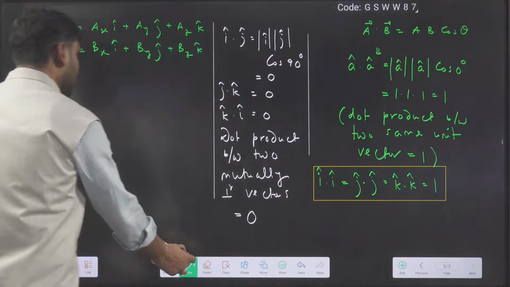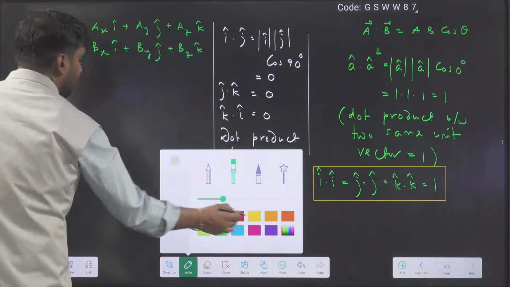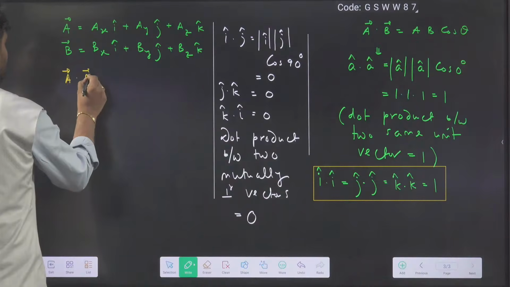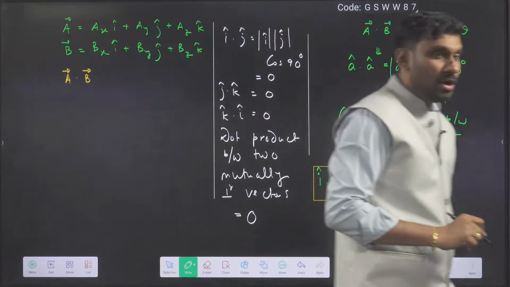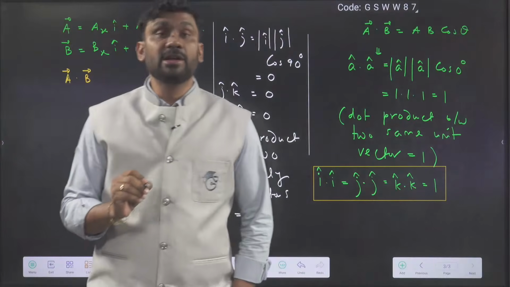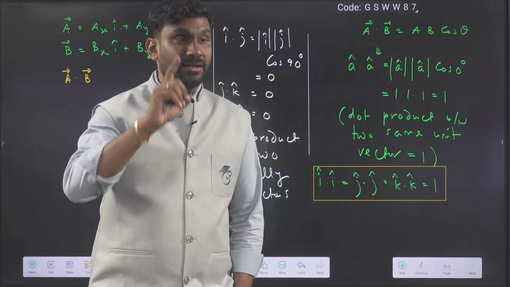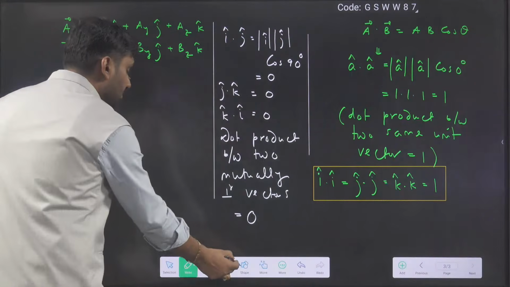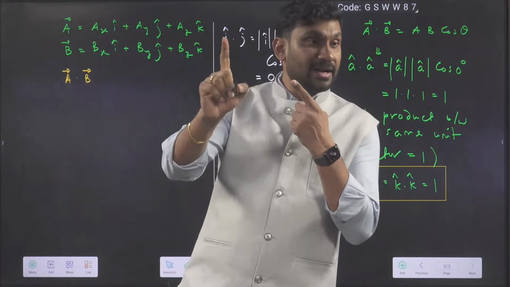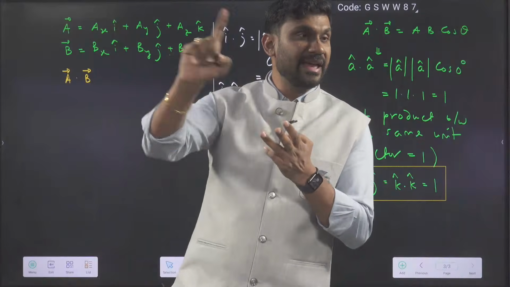So what we are trying to calculate? We are trying to calculate here A vector dot B vector. Whenever we are trying to get A vector dot B vector, which combination you have to take? You are supposed to always take i with i, j with j, and k with k. Why?